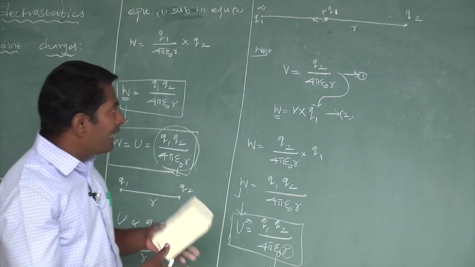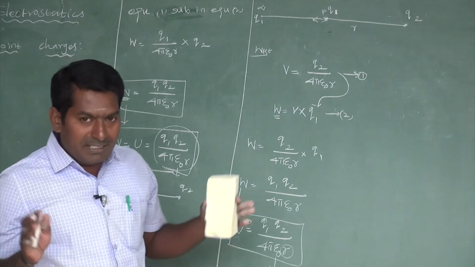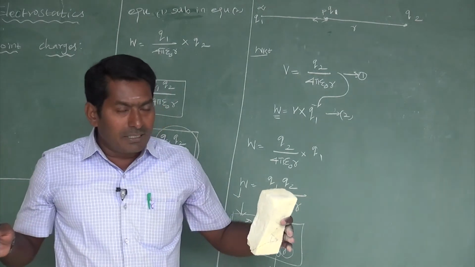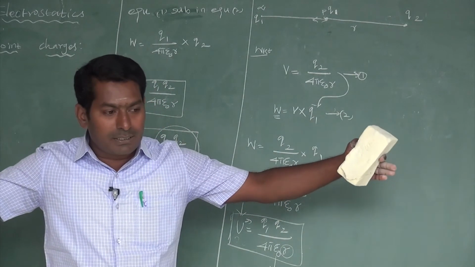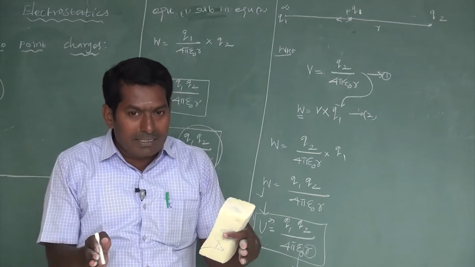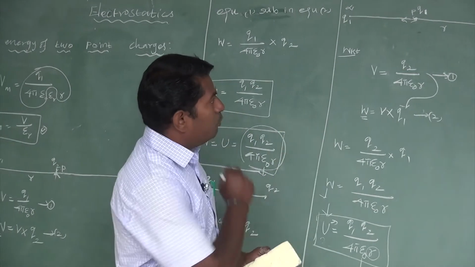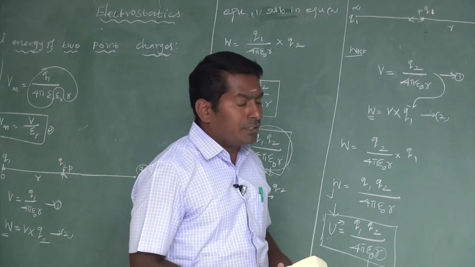So here is another, very simple way to calculate the electrostatic potential energy between two point charges. Both the point charges, initially placed at infinite distance, are simultaneously assembled at a particular distance r. The total amount of work done is stored as the electrostatic potential energy between two point charges.